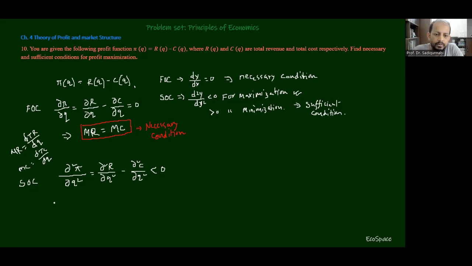So if we rearrange this, we can find that this is nothing but the slope of MR. So the slope of MR should be less than the slope of MC.